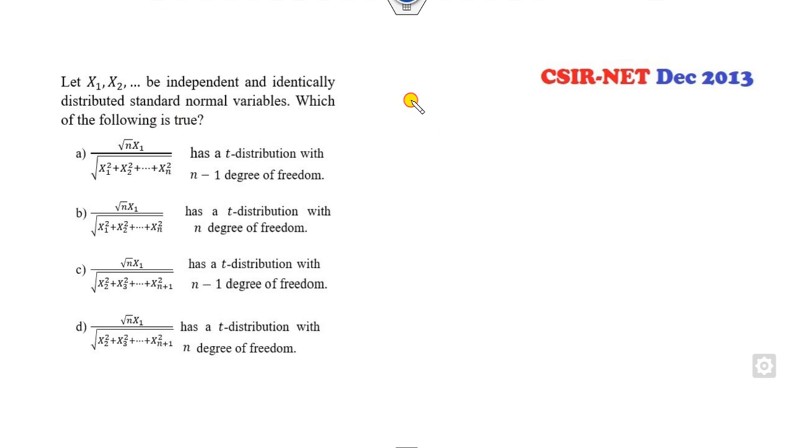Okay, T distribution. When does it follow the T distribution? When there is a Z variable divided by the square root of a chi-square with degree of freedom n, then it follows my T distribution with the degree of freedom n. And make sure the numerator and denominator are independent variables.